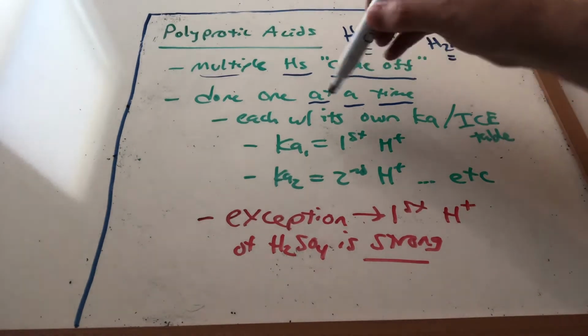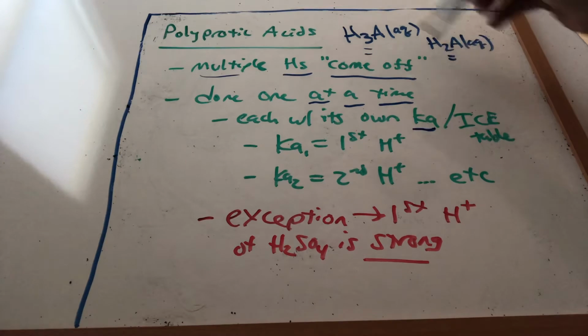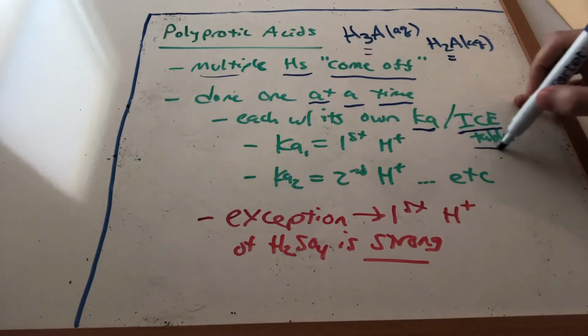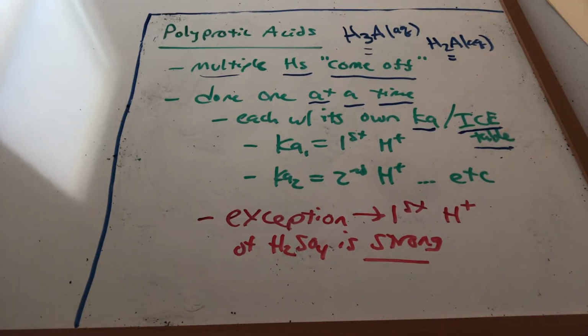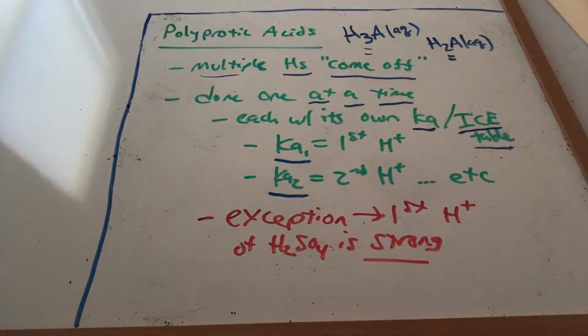Each time an H comes off, it has its own Ka, because most of these species are weak, and so it has its own ice table. So you're going to see Ka1s and Ka2s. The number refers to the H that's coming off.